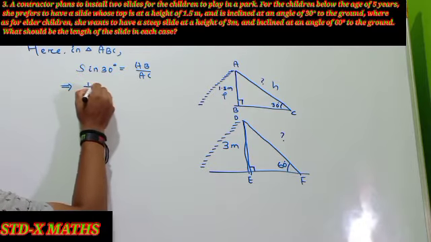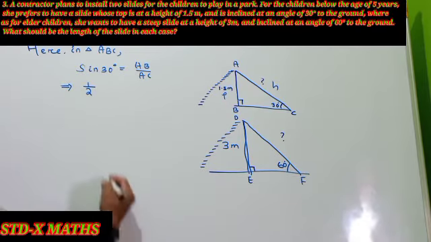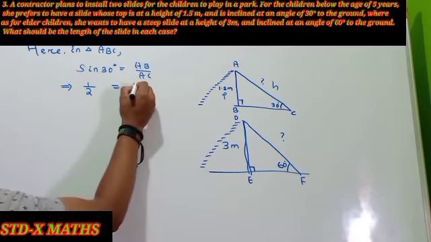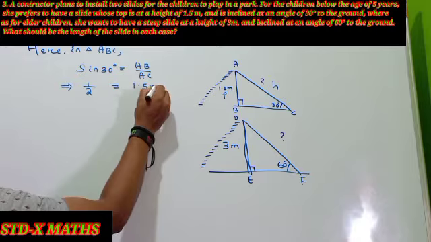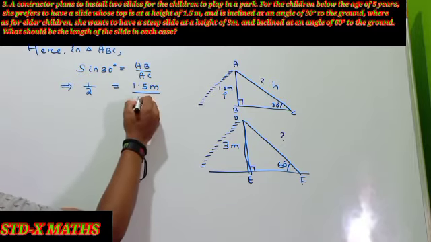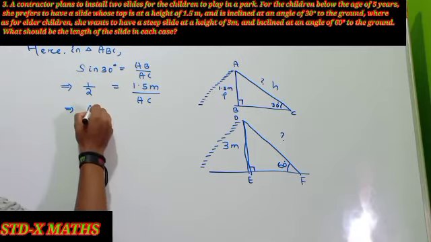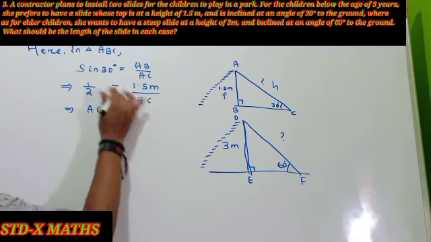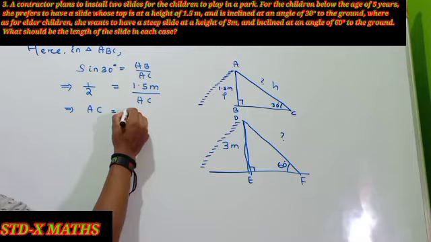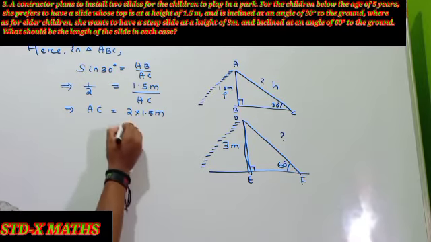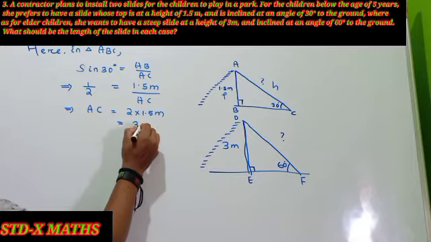In the next step we put the value of sine 30 degree, which is 1 by 2, equal to AB, which is given as 1.5 meter, divided by AC. As I want to find AC, by cross multiplication AC becomes 2 into 1.5 meter, which is 3 meter.